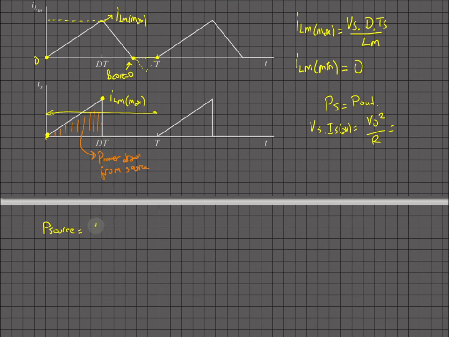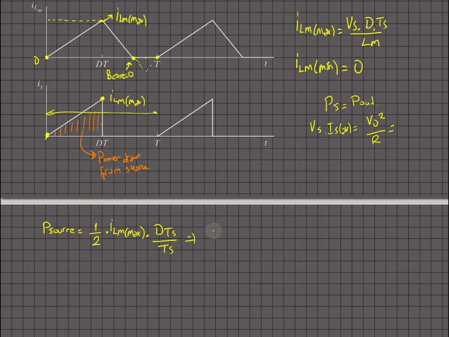So it will be 1/2 times ILM max times dTs, that orange area, divided by Ts, which will give you your average source current. In the book it was written using the other parameters, so let's use that parameter here.